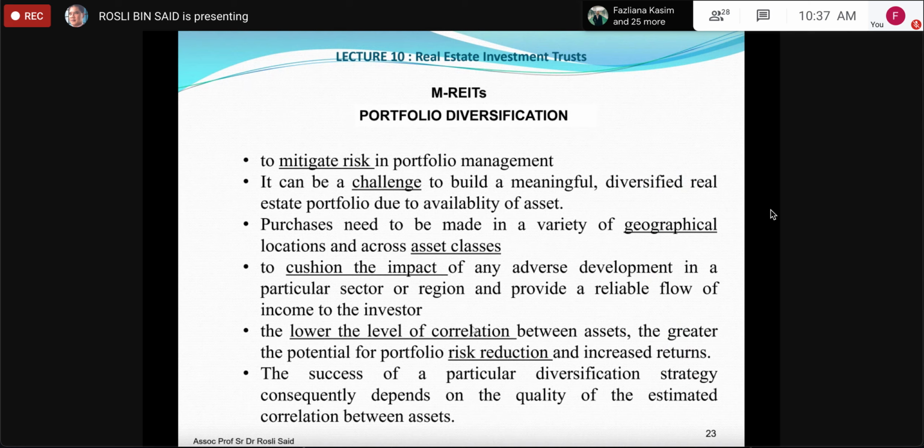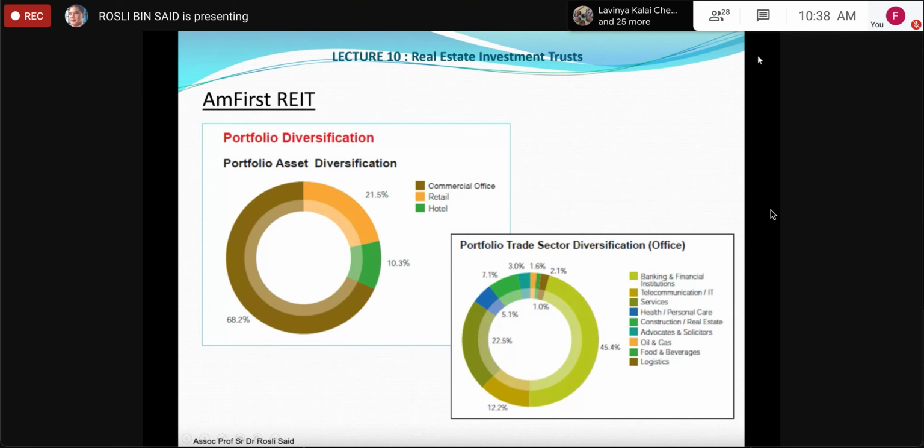That means if we have higher figures, the cooperation between all those variables must be very strong. And the success of a particular diversification strategy consequently depends on the quality of the symmetric correlation between assets.